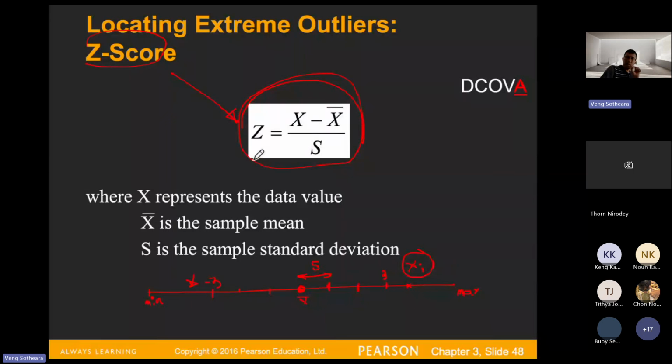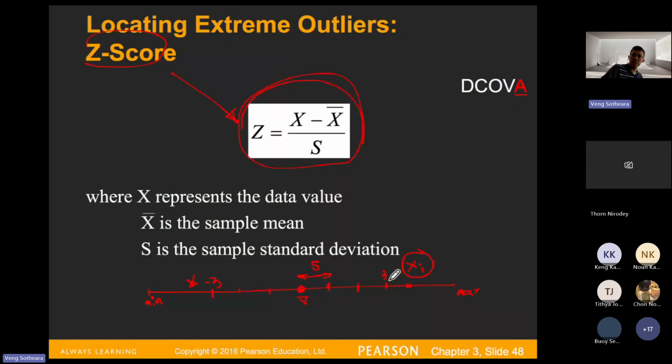So this is the criteria that we use to check if a number is so strong relative to the general value. This is the formula to check, and we call it the z-score.